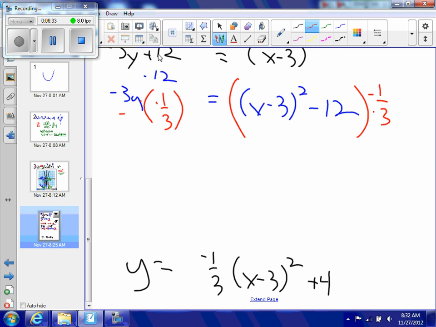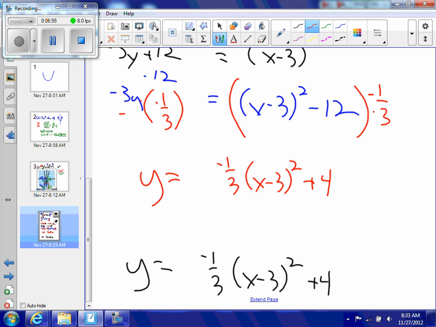Same thing, isn't it? Divided by negative 3 is the same thing as multiplying by negative 1/3. So you can see how this is still going to give me y over here. And then I'm going to take negative 1/3 and first apply it to the first part of my binomial. So I have negative 1/3 x minus 3 squared. And then negative 1/3 times negative 12 is plus 4.